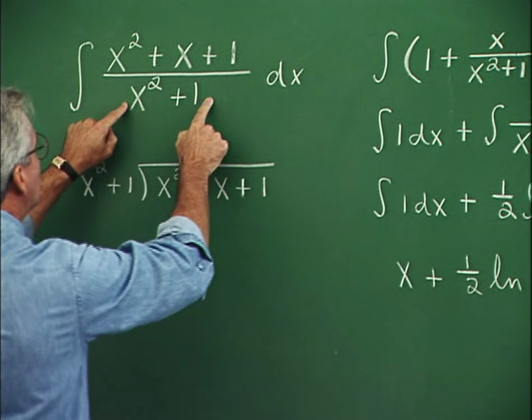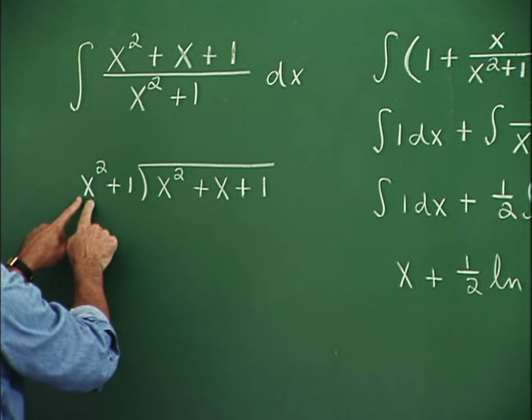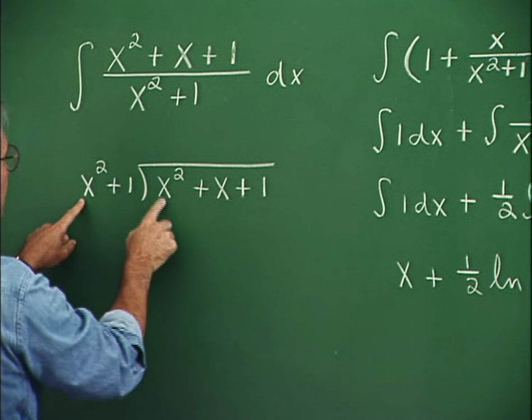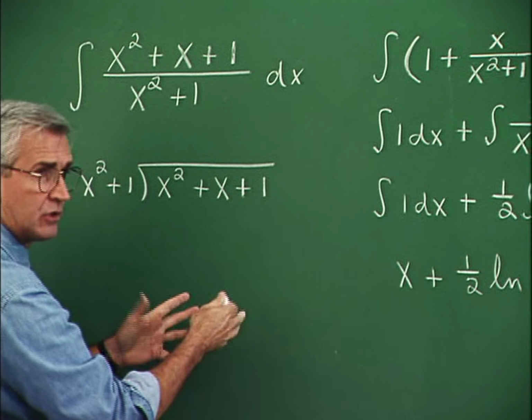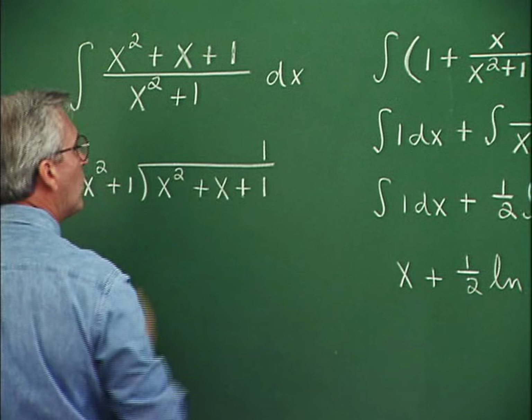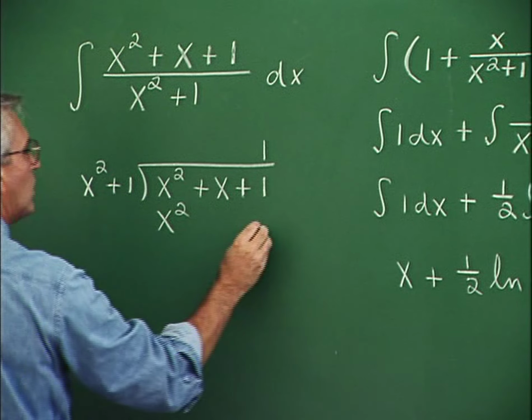So I'm dividing x squared plus 1 into the numerator polynomial, and you remember this process: x squared into x squared goes 1 time. We put the 1 up here. Usually we try to line up terms of the same degree, so I would put the 1 over here, 1 times x squared, and then 1 times 1, 1.